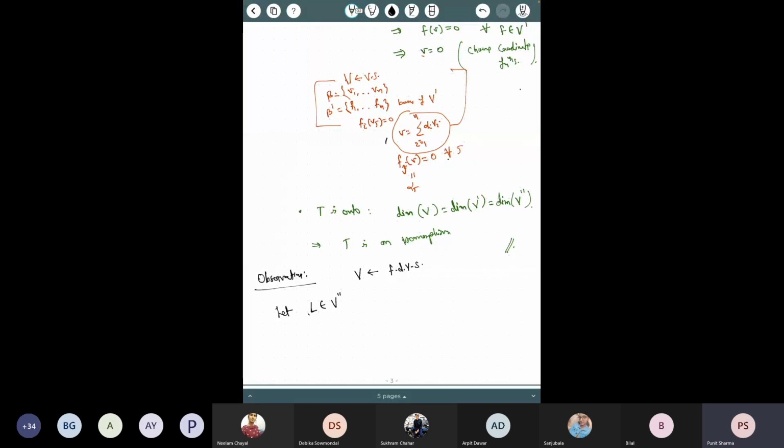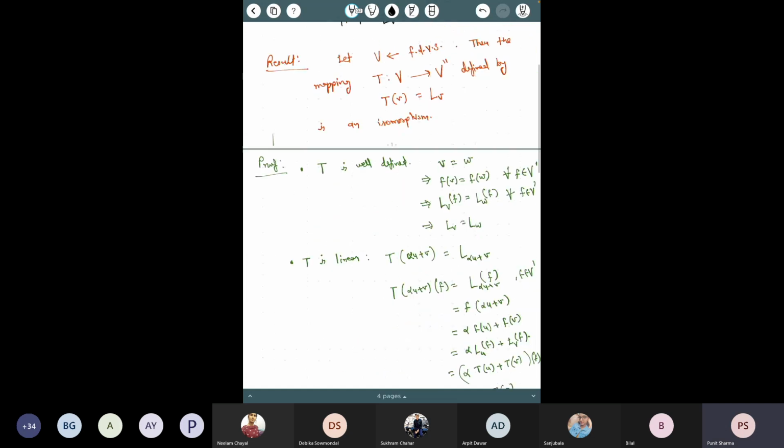Then we know that because of this isomorphism, there exists a vector V in V such that T of V is equal to L. This is because the isomorphism is also onto. So using that fact, T of V is equal to L, right? But what is T of V? T of V by definition is L subscript V. This is how we are defining it.